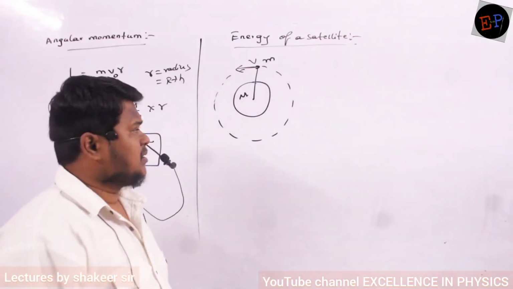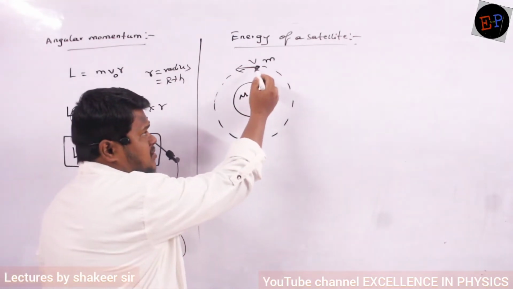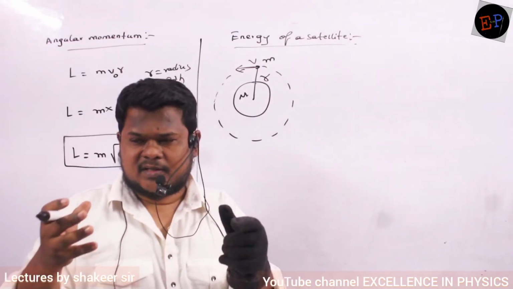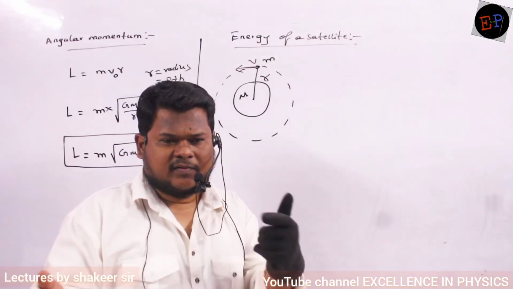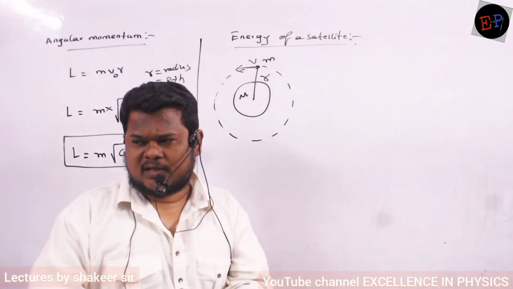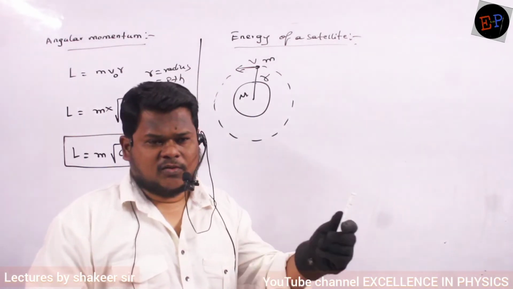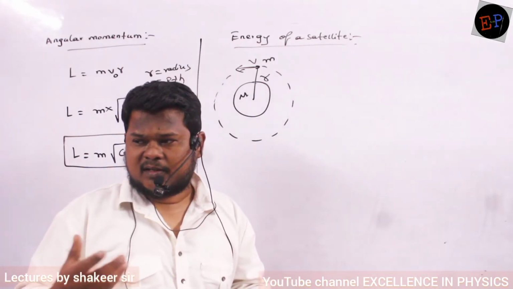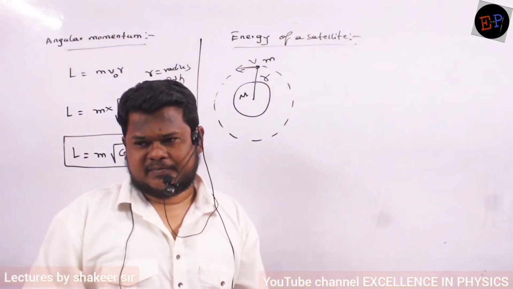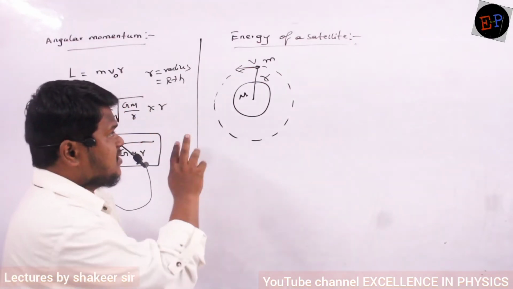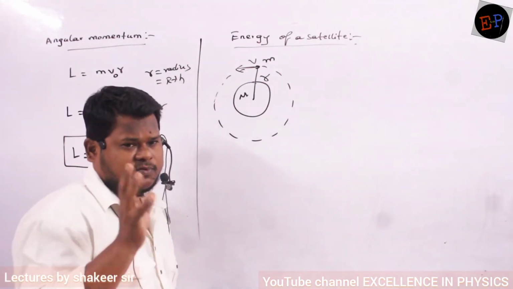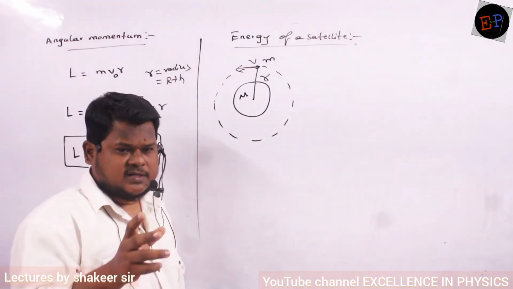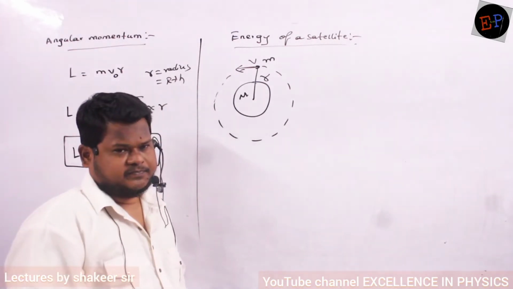And these are two masses separated by a distance r. If two masses are present at a distance of r, then the gravitational potential energy also will be present. Already we studied in the last class, to place two masses at one distance, we have to do some work. And that work done is nothing but gravitational potential energy. So this satellite will have two energies. One is kinetic energy because of rotation. Another one is potential energy because of its position.